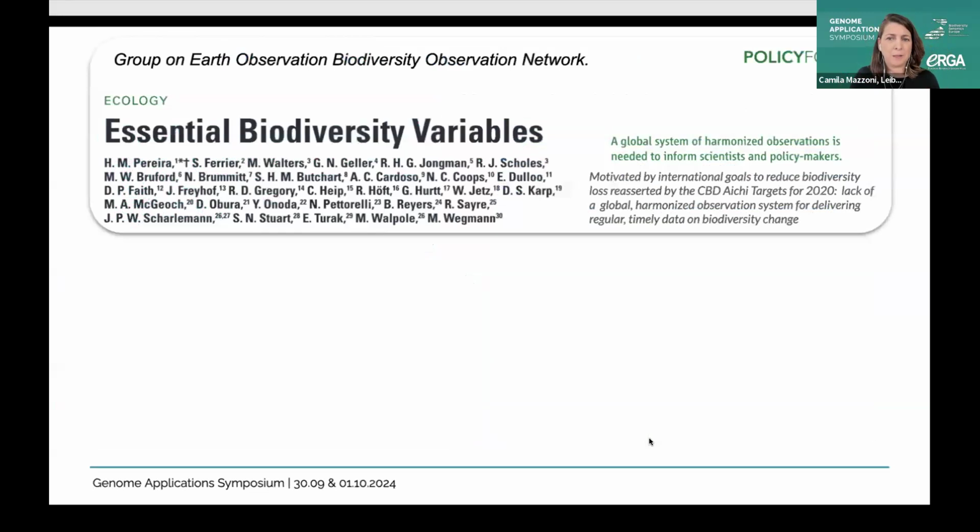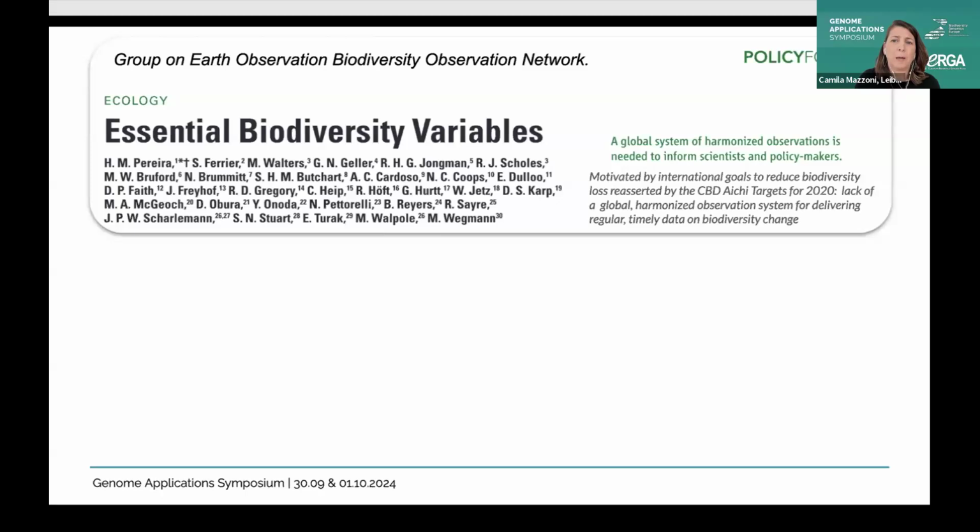So the essential biodiversity variables, these EBVs in capital. Of course, many of us can have our own biodiversity variables and some of them will be essential for our specific cases, but these ones have a special meaning. They were developed by the Group on Earth Observations Biodiversity Observation Network, GEO BON, back in 2013. That was before the GBF, the Global Biodiversity Framework, when there were the Aichi targets set for 2020 that were not as successful as they should have been.